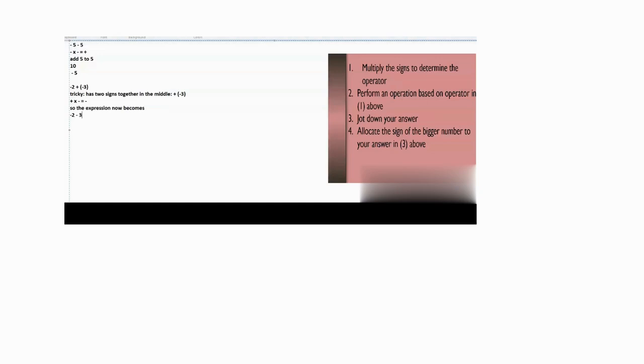Now this is the right time to apply our rules on the right. Multiply the signs to determine the operator. The operator is plus. Perform an operation, that should be addition.